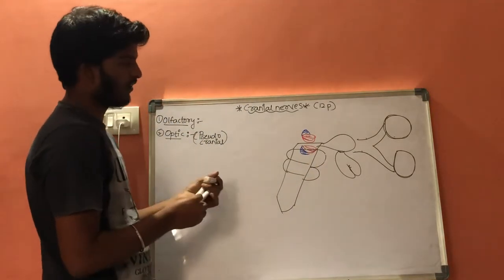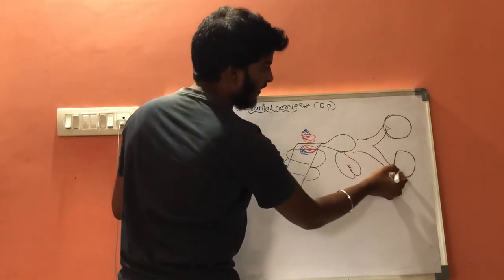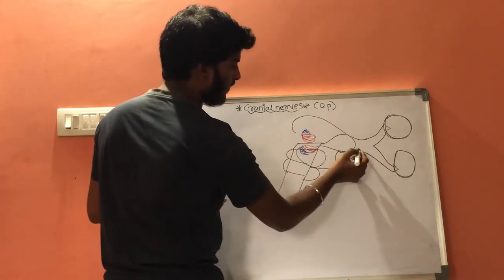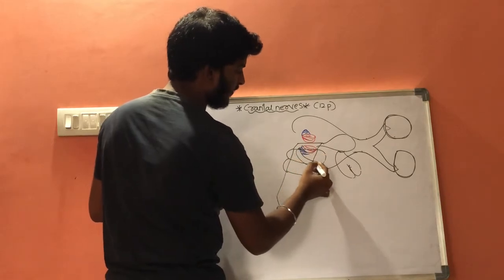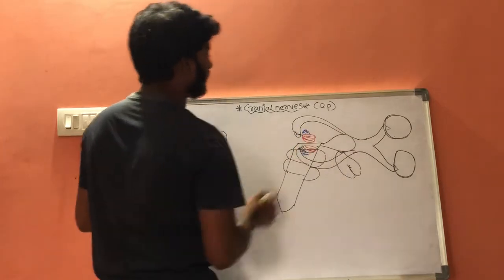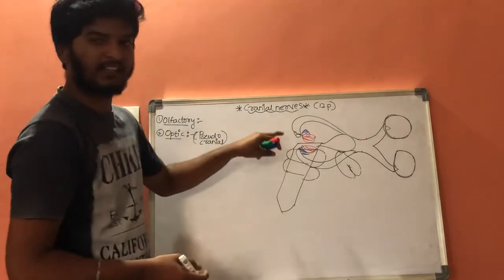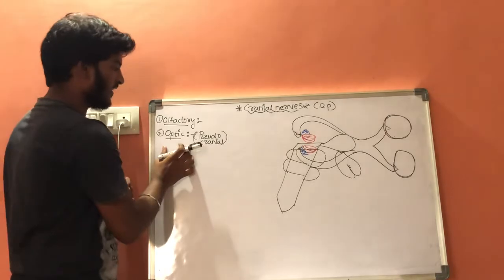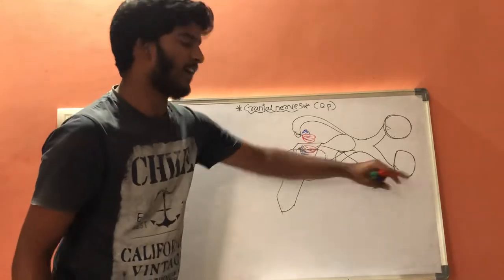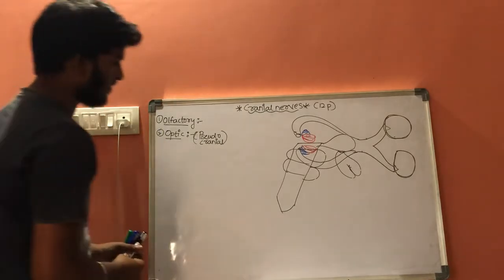Now these optic nerves, which are arising from the posterior part of the eyeball, will reach the lateral geniculate bodies in this way and end there. This is the second nerve, that is optic nerve, which arises from the posterior part of the eyeball and ends in the lateral geniculate bodies.